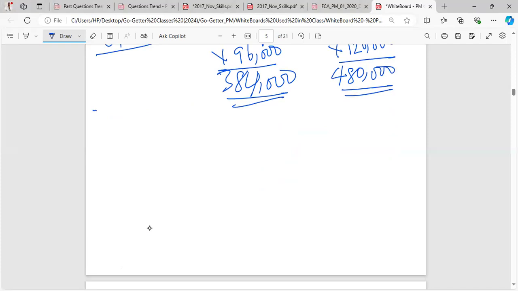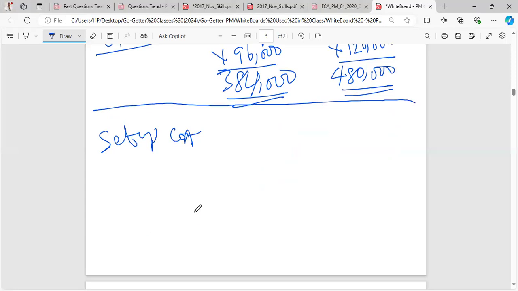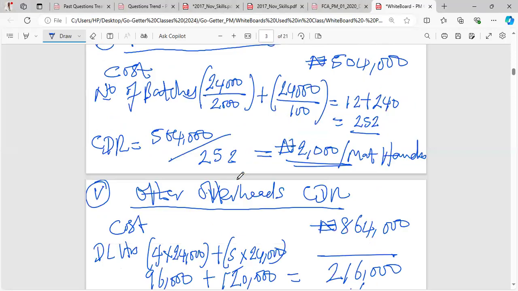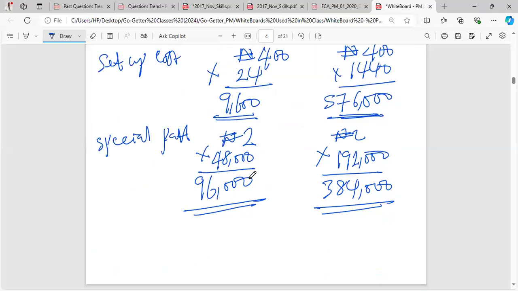Now, after getting all this, you have to arrange them together and you get your answer. So, setup costs. What is the setup cost here? 9,600 and 576,000.